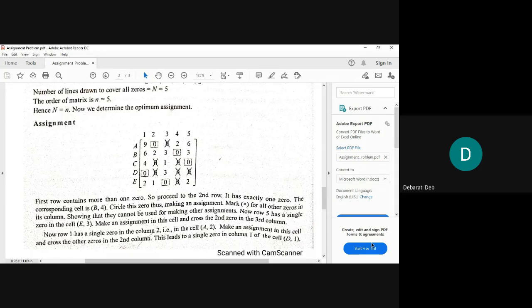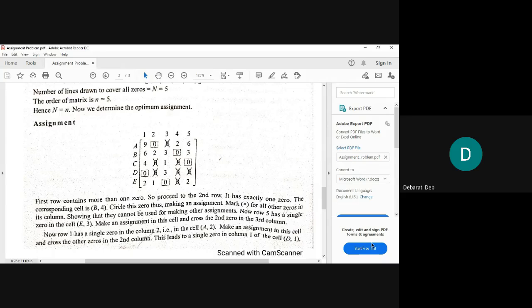So proceed to the second row. Is the second row the one with exactly one 0? Yes, in the second row exactly one 0 is there.